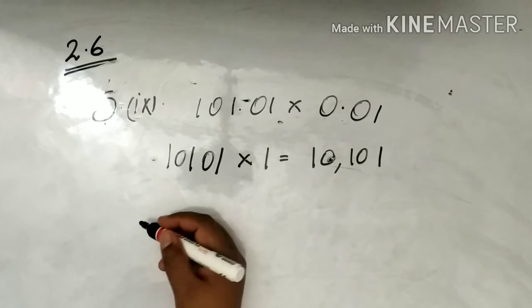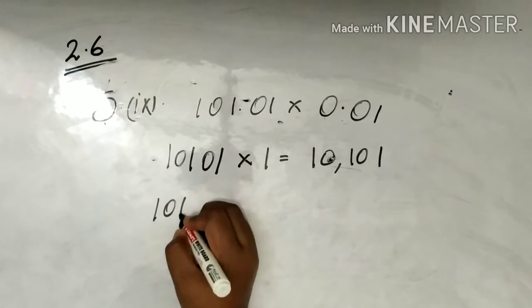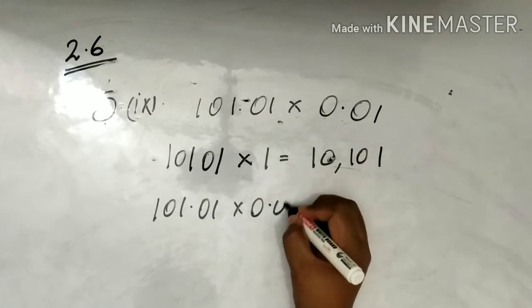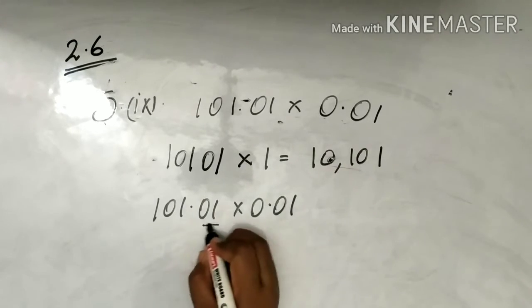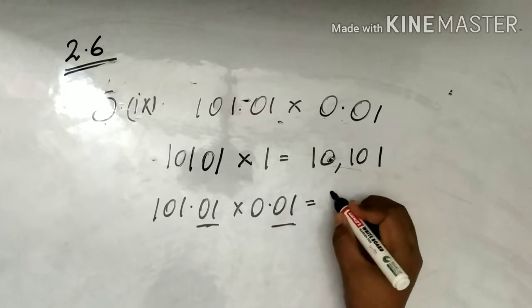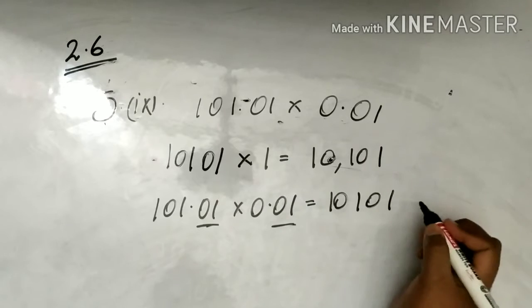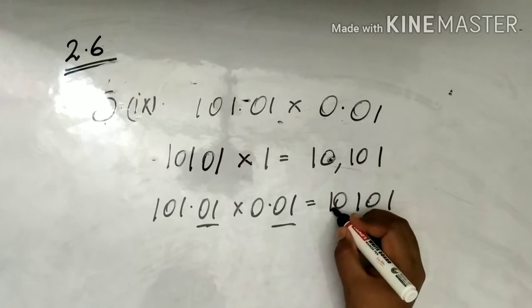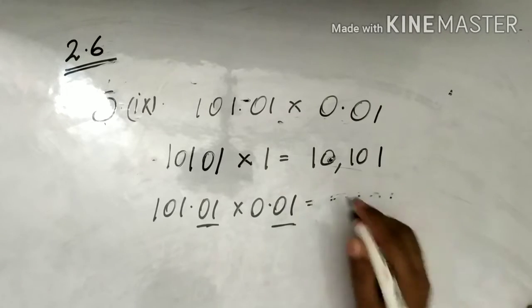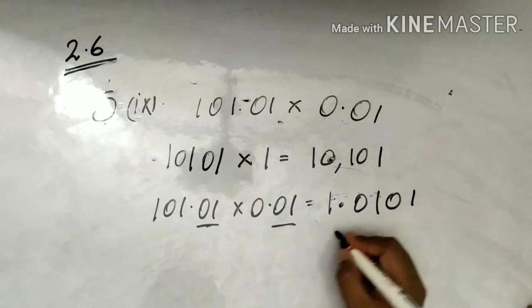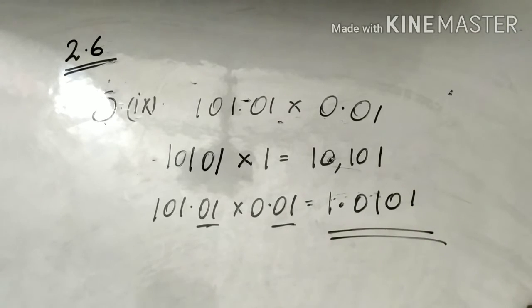So let's put the decimals. 101.01 into 0.01. Now let's see how many digits are there after the decimal. 2 plus 2, that is 4. So we'll write the answer here. 1, 2, 3, 4. Here. So the answer will be 1.0101. Okay.